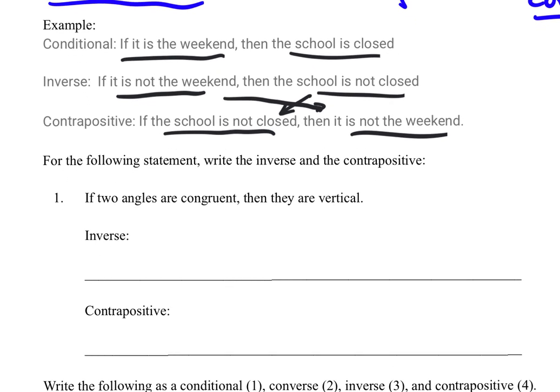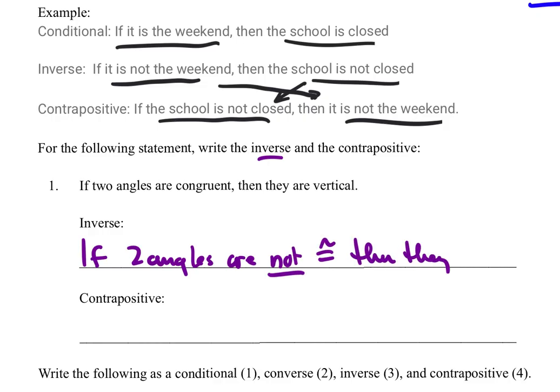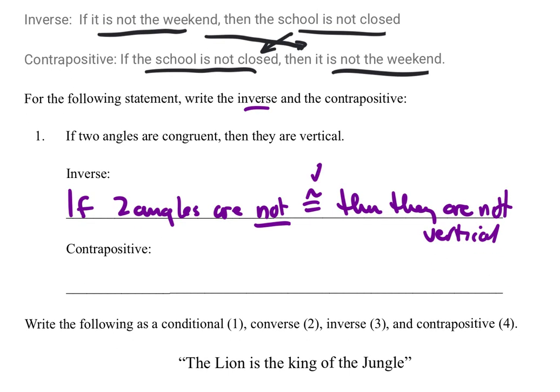So if I take a look here, I have a conditional statement; write the inverse and the contrapositive. The inverse: if two angles are not congruent, then they are not vertical. That's the symbol for congruent, an equal sign with a little tilde above it.